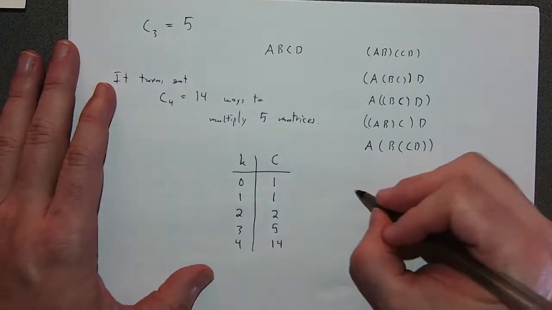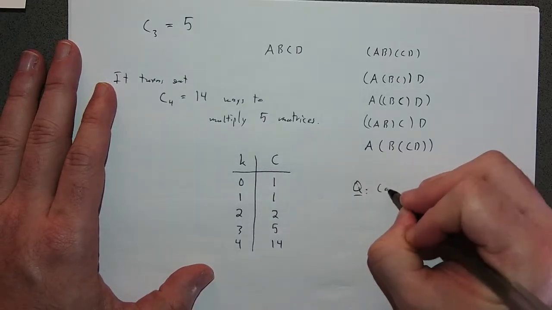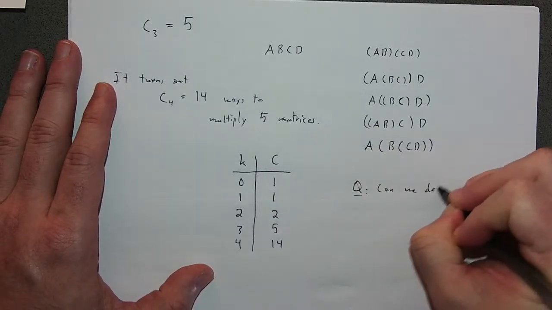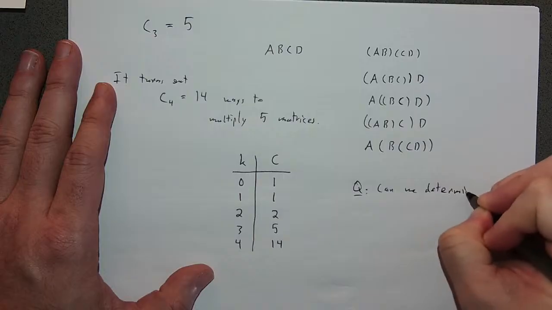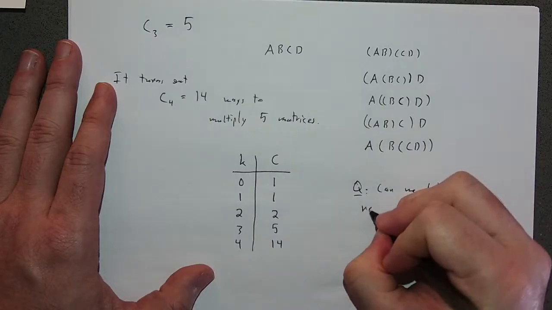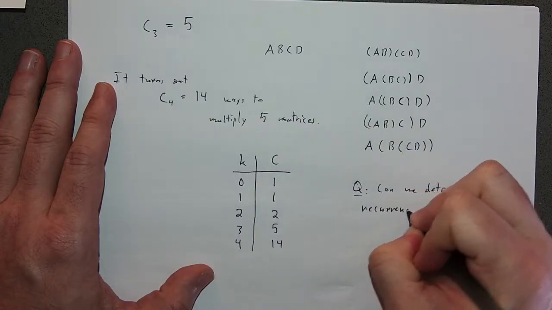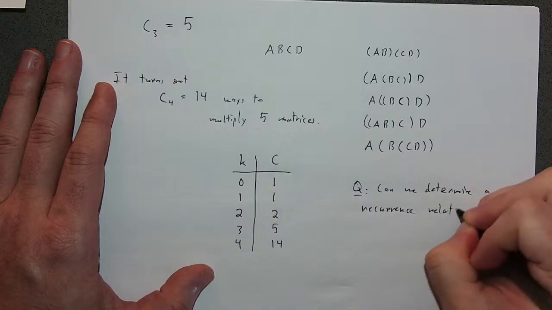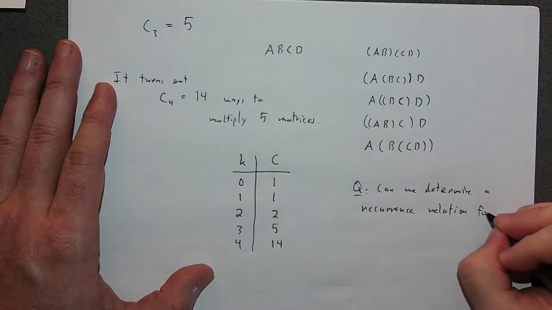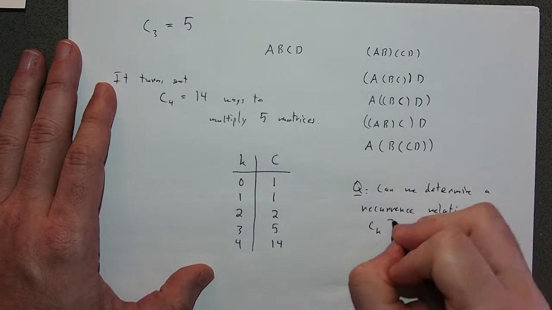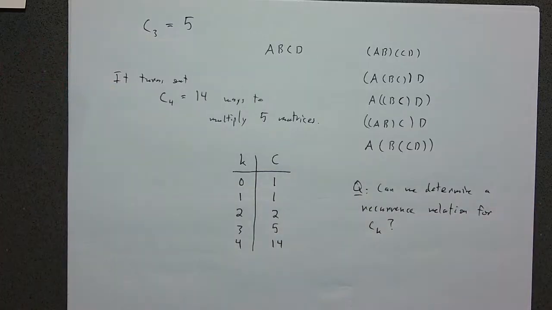And then the question, can we determine a recurrence relation for these numbers C sub k? So here's a start.